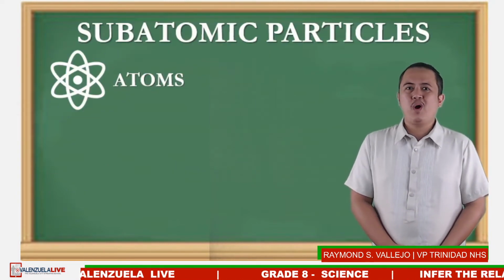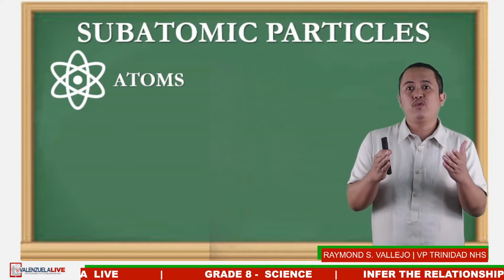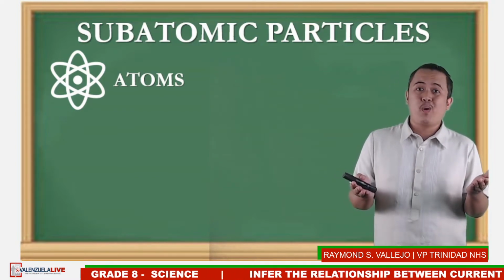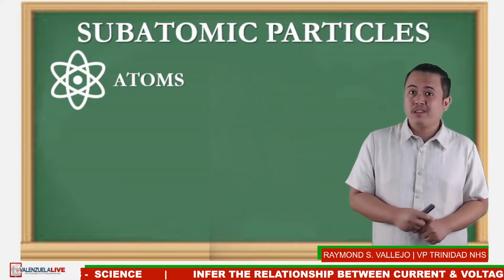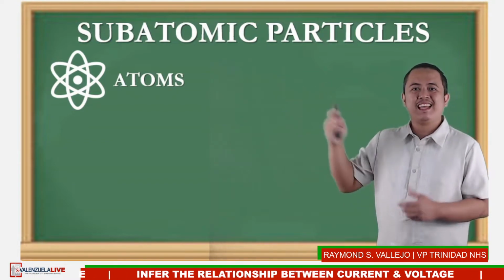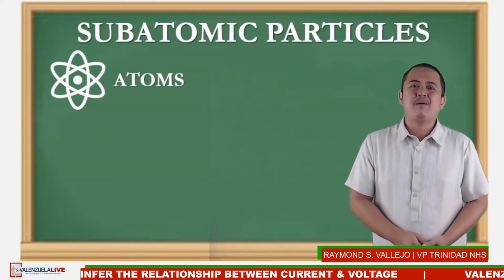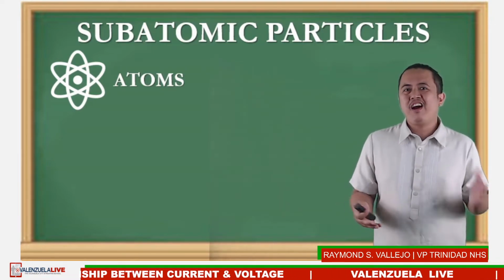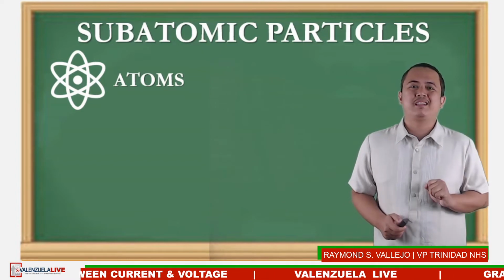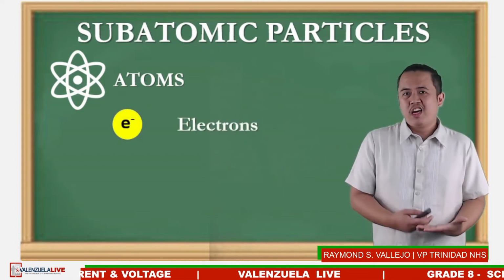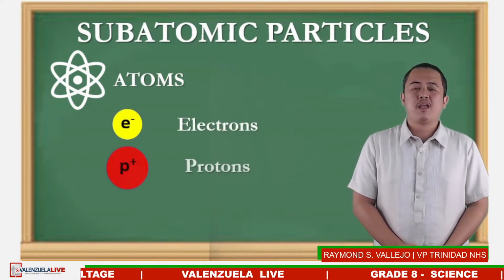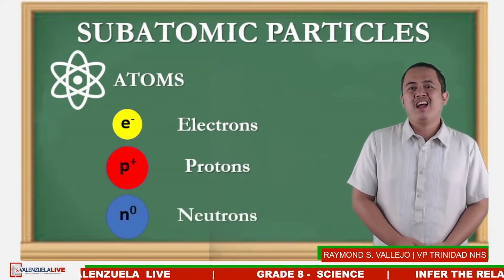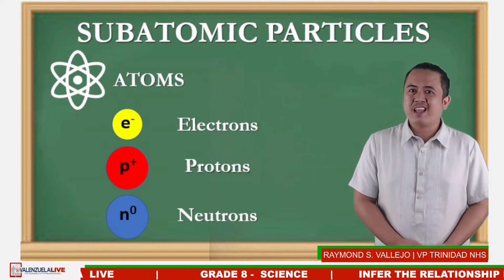We already know that objects in the universe are made up of matter. Matter is composed of tiny particles called atoms. Each atom is made up of subatomic particles. There are 3 types of subatomic particles: electrons that are negatively charged, protons that are positively charged, and neutrons that do not have charge.